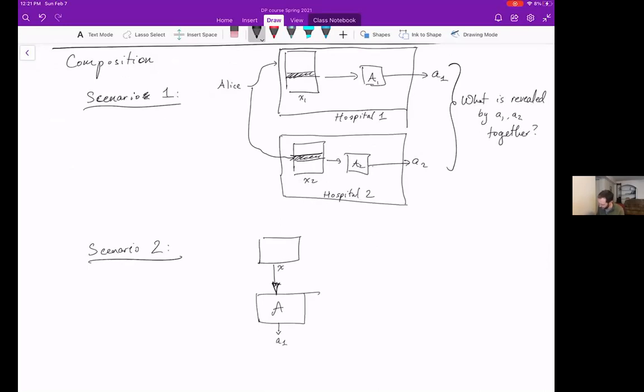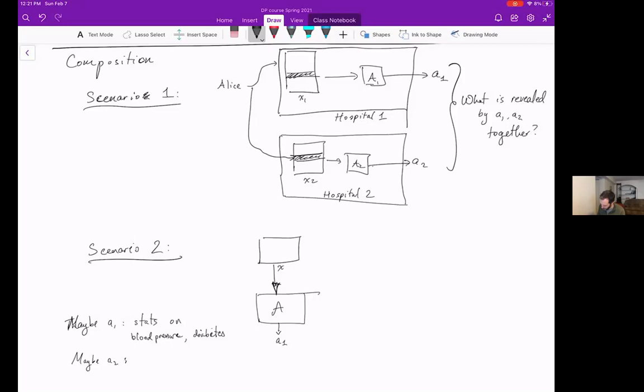So think that A1 are statistics on blood pressure and diabetes in the data set. Like how many people have high blood pressure, how many people have diabetes, whereas maybe A2 is now some second part of the algorithm. And the interesting thing is what happens if A2 somehow depends on the output of A1.